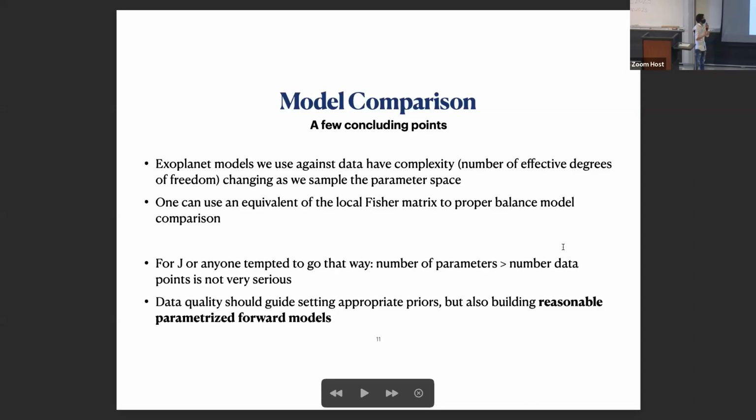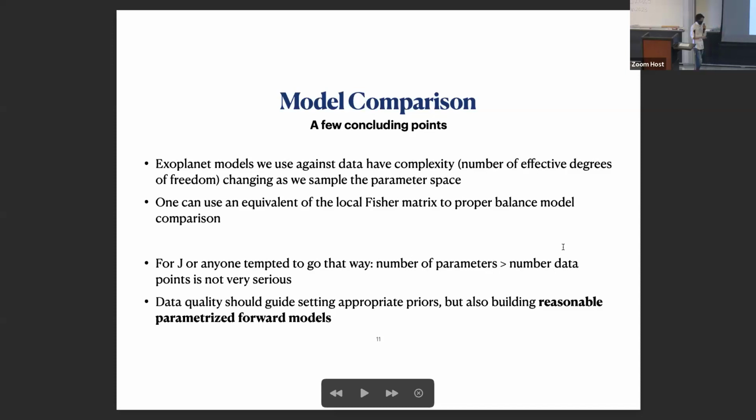That's one way of doing it. In other words, you estimate the local Fisher matrix of your model to estimate your number of degrees of freedom. And of course, in the case of the haze model of my friend Jay, that would be basically 0. So one parameter of your model, you will remove the average. That's basically 0 degrees of freedom.